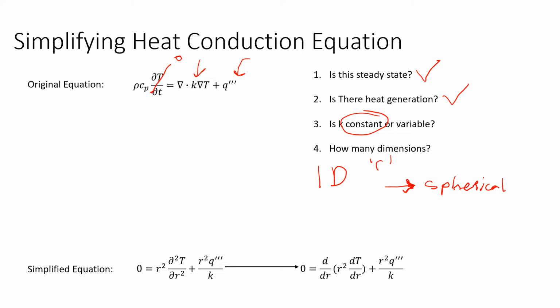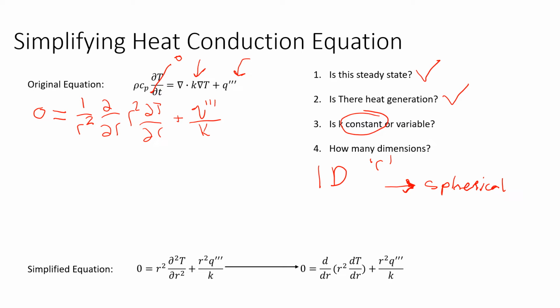So now we're going to go to our equation and put in the information that we know. Since we are in a spherical coordinate system, we have 0 equals 1 over r squared, del over del r of r squared del T over del r, plus q triple prime over k.